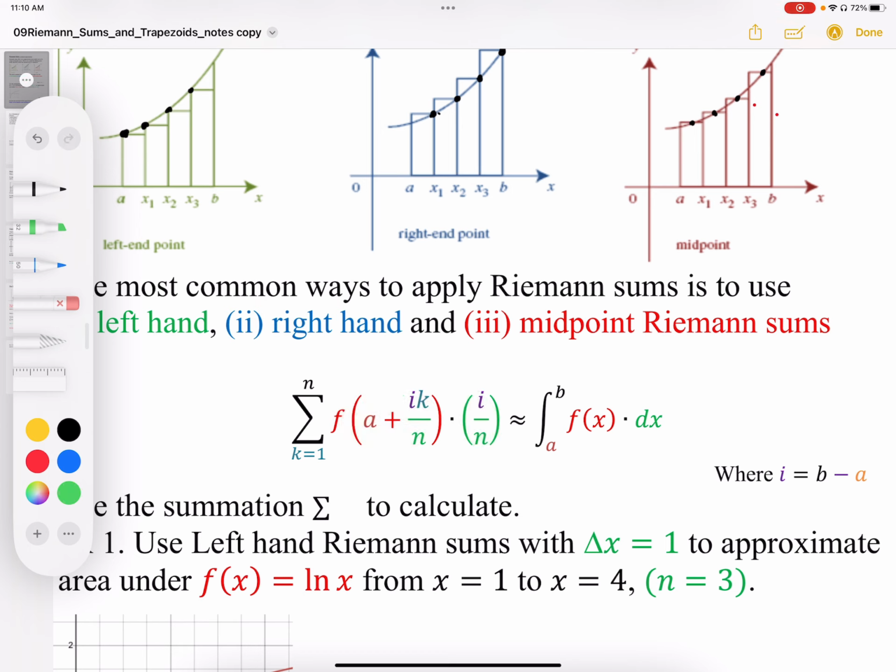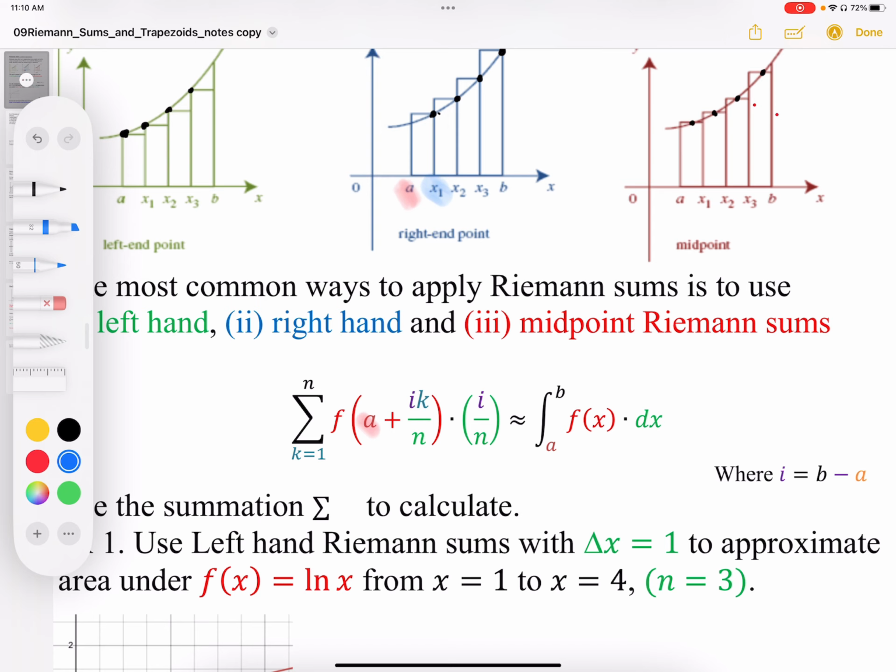The inside of that f expression is just how we go from each rectangle. So we start at a, and i over n, well, (b minus a) over n represents the interval width. That k just establishes how many terms over we are. So for example, when k is equal to 1, we're going to start at a, and we're going to move over one k value, which gives us the height at this coordinate here.